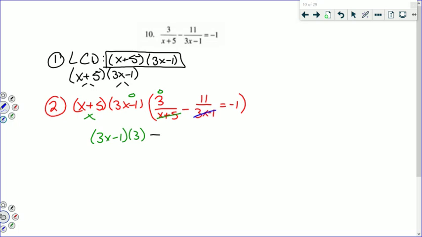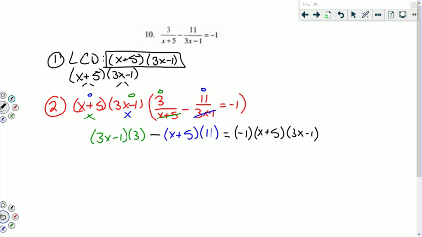This 3x minus 1 matches with this 3x minus 1, so we are going to use this guy and 11 for our next term. So we have x plus 5 times 11. And then we're left with equals. Since we don't have any denominator here, we're just going to take this guy that's right there and multiply it by x plus 5 and 3x minus 1.